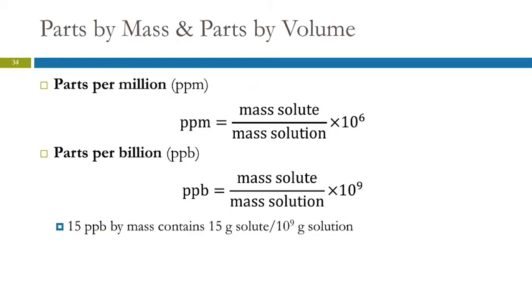Parts per million and parts per billion are used for very low concentrations. Again, it's mass of solute divided by mass of solution, but now instead of multiplying by 100, we multiply by 1,000,000 or 1,000,000,000. So if we see something that's 15 ppb, which stands for parts per billion, then that would have 15 grams of the solute in 1 billion grams of the solution. You can take parts per million and parts per billion and make those into conversion factors also.